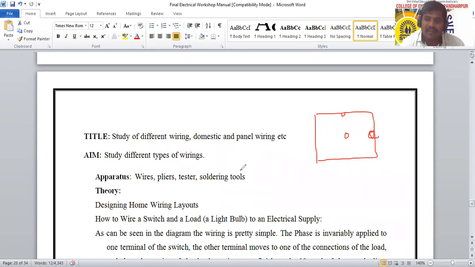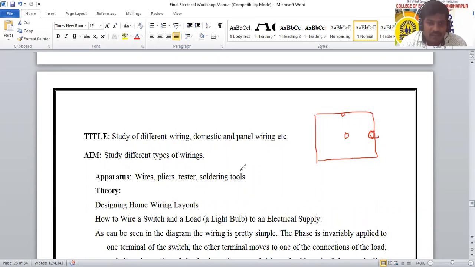And in case of godown wiring, there are multiple switches and multiple loads. That means here also number of loads is equal to number of switches. The difference is that the wiring is done by using two switches, controlling different loads, the first load and the second load. That means if we first turn on the first switch, the first load will be on.